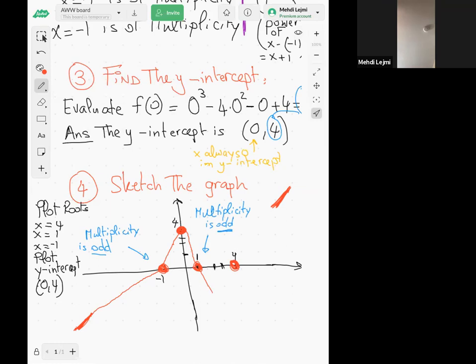So I'm going to cross. The next root is 4, and 4 is also of multiplicity 1, which is odd. So I'm going to just cross the x-axis and join my infinity. All right, so that's the shape of the graph of f of x. Any question, guys?